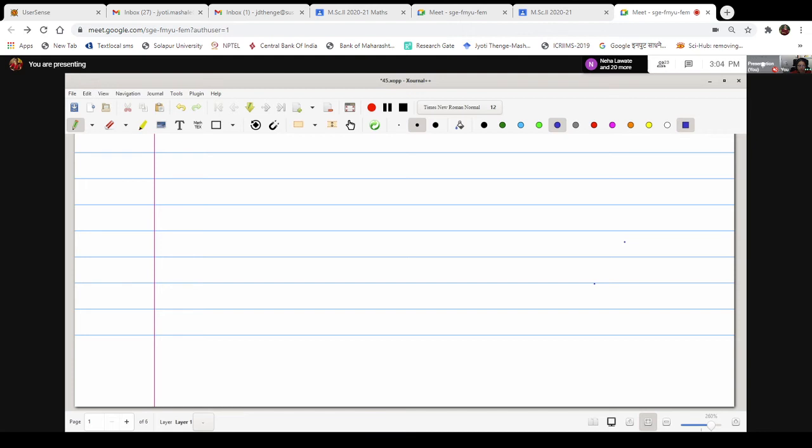Since the norm of x minus yn tends to d and the norm of x minus ym also tends to d, what does the above equation become? The left hand side, norm square of yn minus ym, is less than or equal to 2d square plus 2d square minus 4d square.